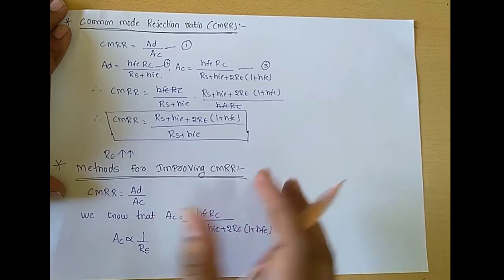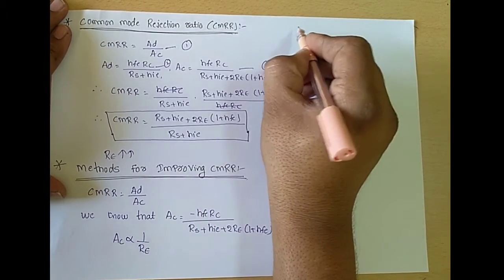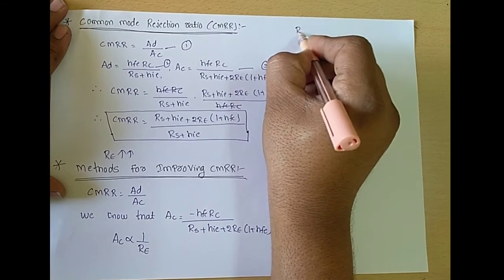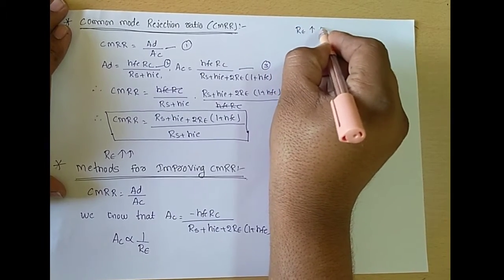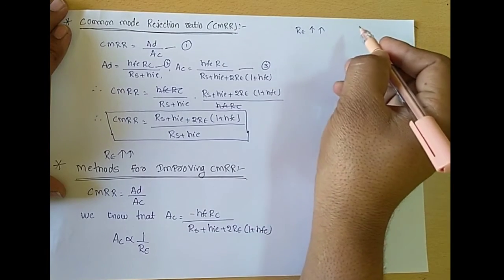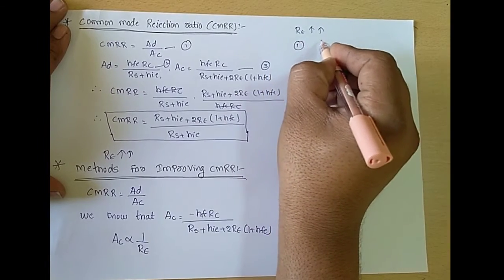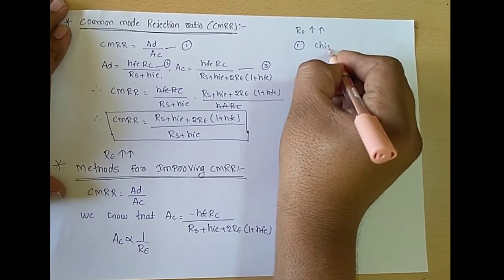But in the dual input balanced output differential amplifier, if we maintain the RE value large, the differential amplifier has some drawbacks. The first one is that the chip area will increase.